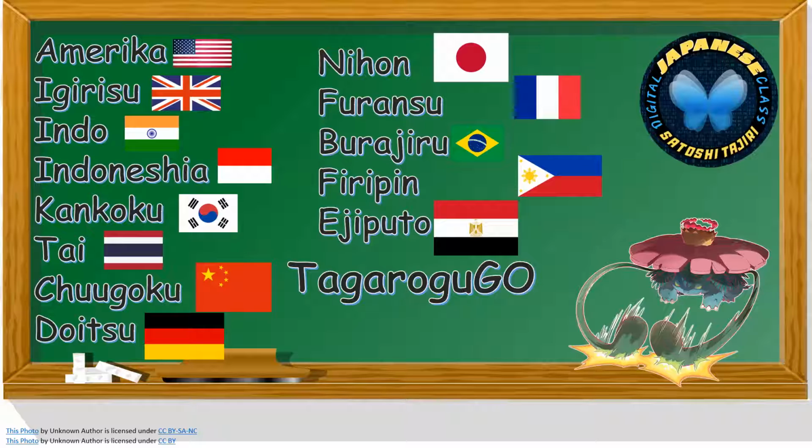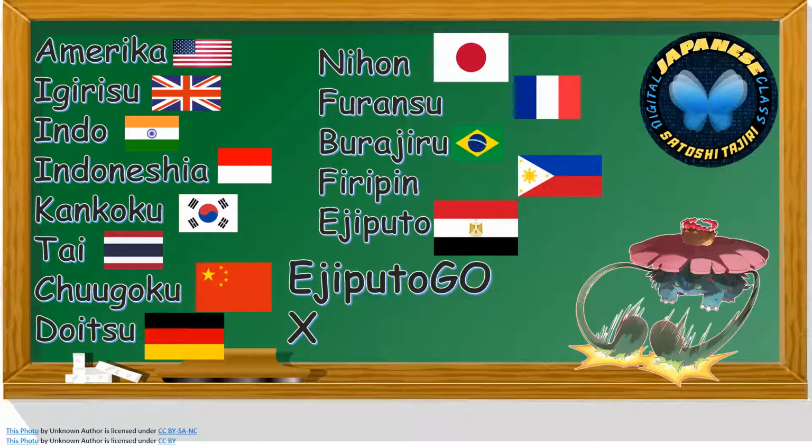Then we also have Ejiputo, Egypt. We don't say Ejiputogo, that is wrong, because their language is Arabiago. Arabiago for the language.